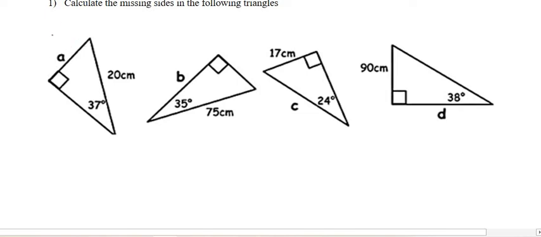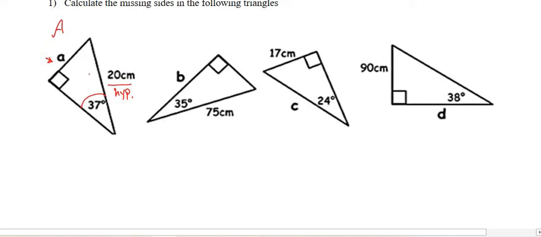Given this triangle, I call it triangle A, we are given that this angle measures 37 degrees, this angle measures 90 degrees, and we are given the hypotenuse, which measures 20 centimeters, and we are required to find out the length of side A. According to the given angle, A is the opposite, and 20 centimeters is the length of the hypotenuse. So we need to solve it using trig ratios, but which one of them?